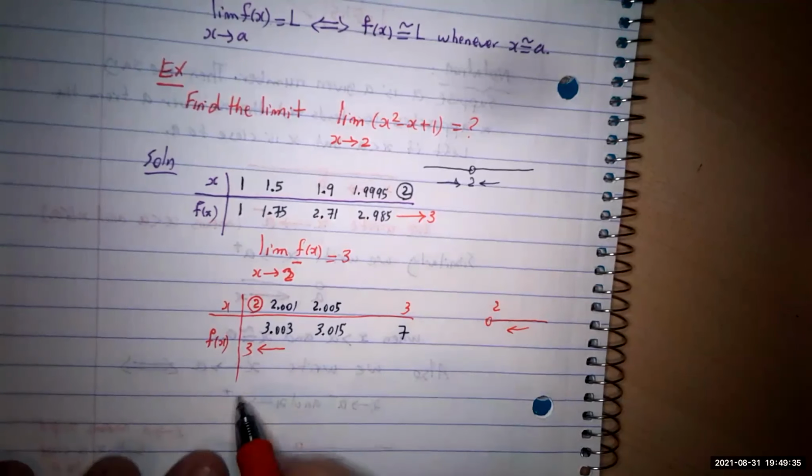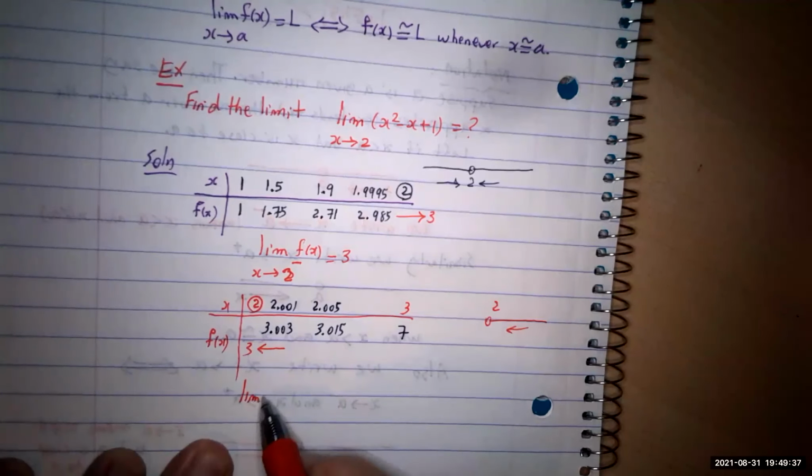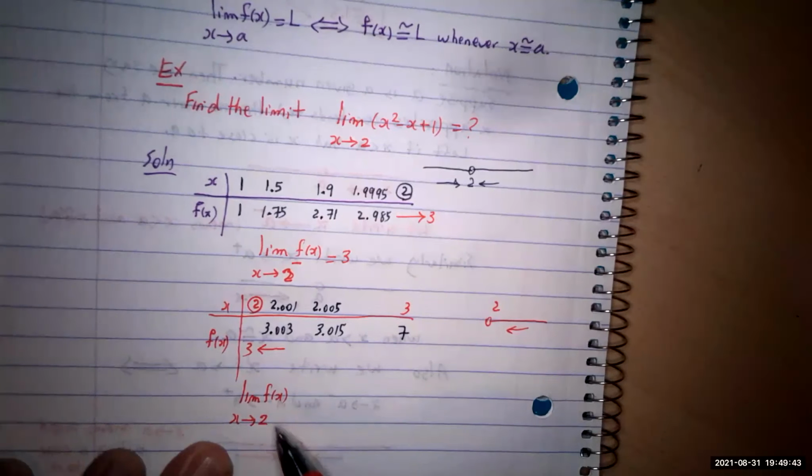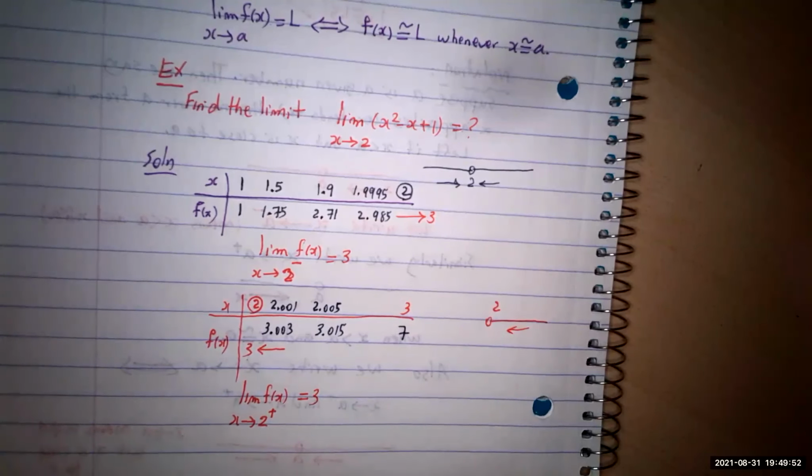So we can claim that the limit of f of x when x goes to 2 positive, since you pick the bigger numbers, the result again is going to be equal to 3. Okay, so what we did, there you are. Around the 2, the function is getting closer and closer to 3.